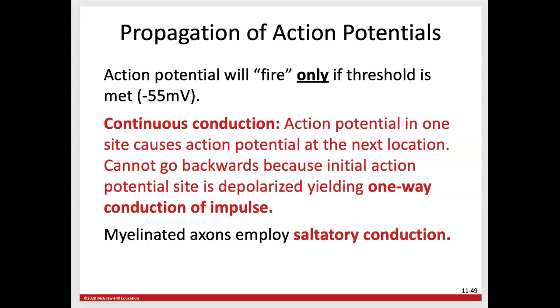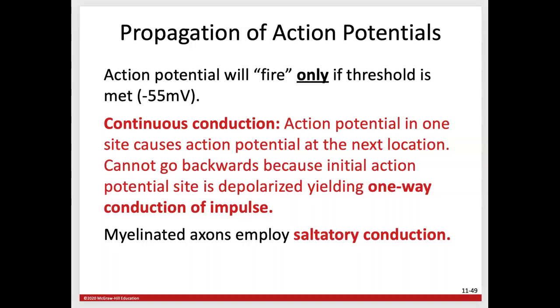So if I ask you what threshold is, that is the minimum amount of stimuli that's got to happen in order to cause an action potential. And that number is -55 millivolts.